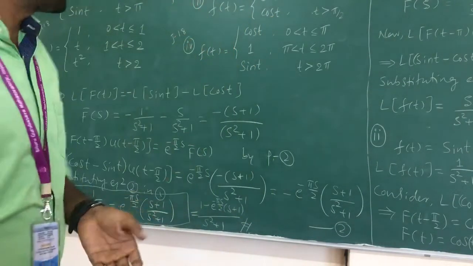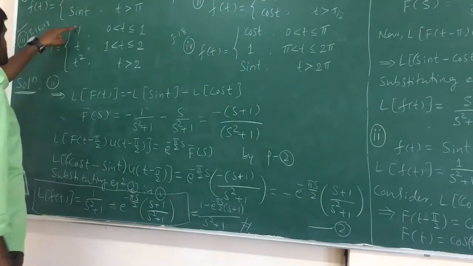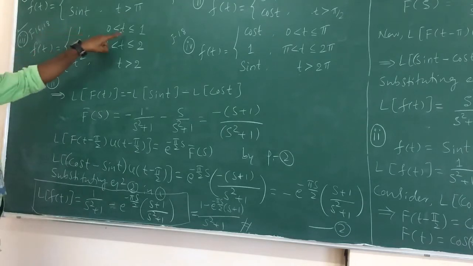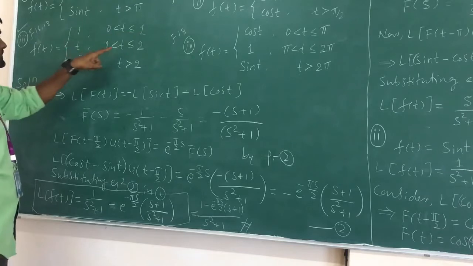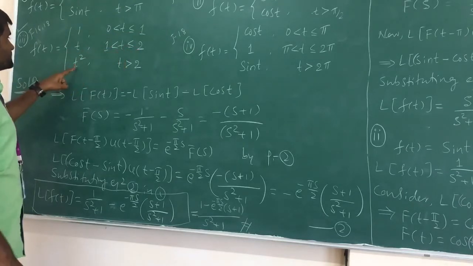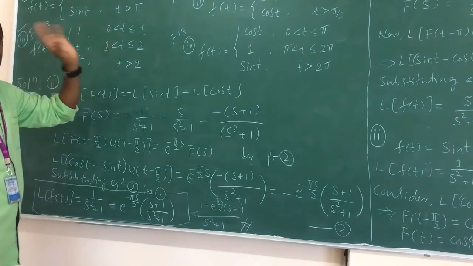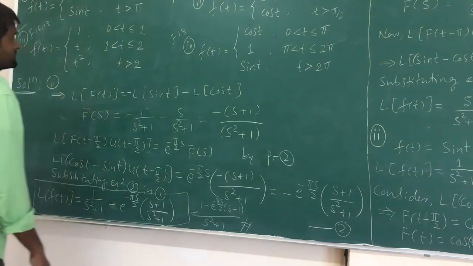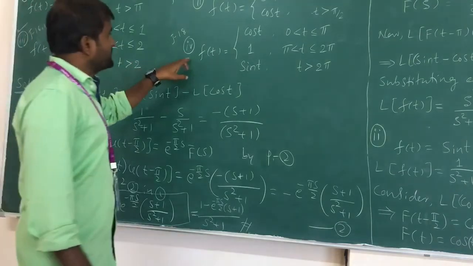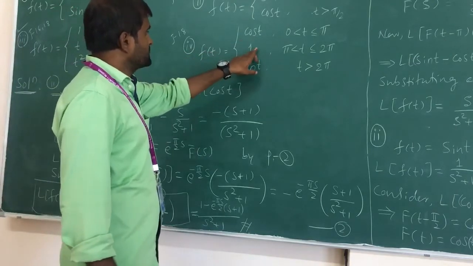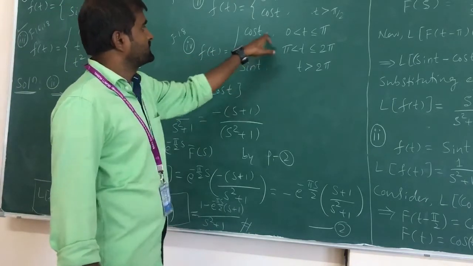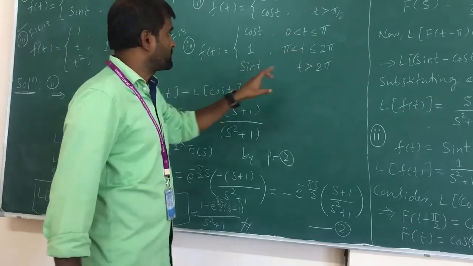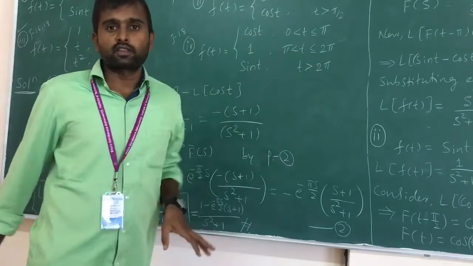If you have three sub-functions, f of t is 1 for t from 0 to 1, t for 1 to 2, then t square for greater than 2, like this. Similarly, the fourth one: cos t, then 1 sin t, then cos t, for t from 0 to pi, pi to 2 pi, and greater than 2 pi.